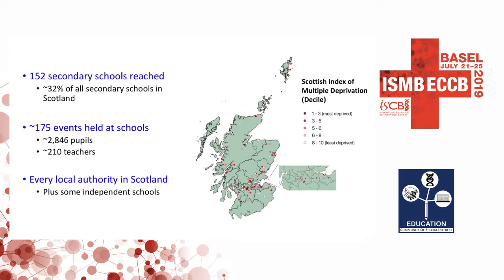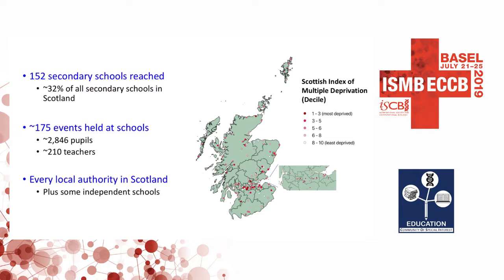But the first thing I want to show you is our reach across Scotland. So this is a map of Scotland with Shetland all the way at the top there. So we've reached 152 secondary schools. And that's through workshop visits and CPD events. So we go out and do teacher CPDs that help us to reach a greater number of schools. This is around 32% of schools in Scotland.